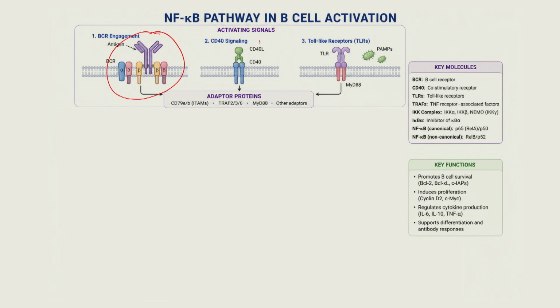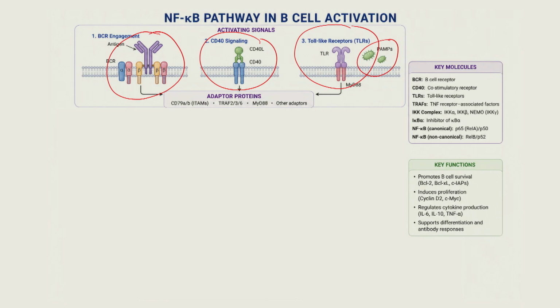We could have a CD40 and CD40 ligand signaling pathway, and finally there could be a way where toll-like receptors, which are surface proteins that can bind to pathogen associated molecular patterns, called PAMPs, coming from outside.